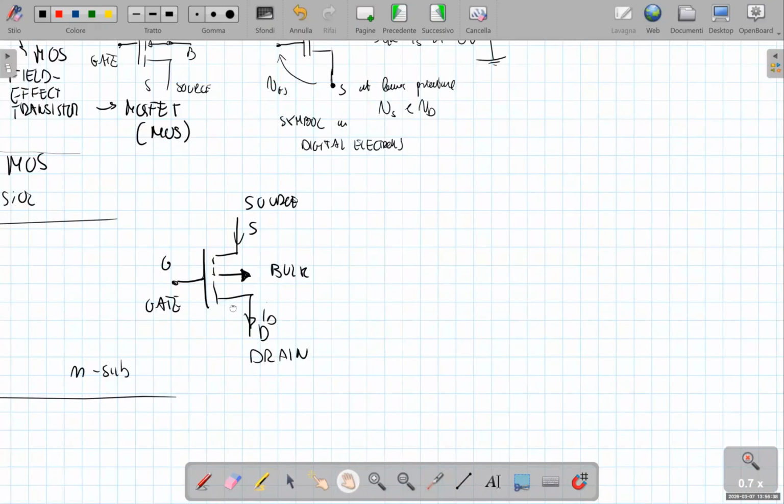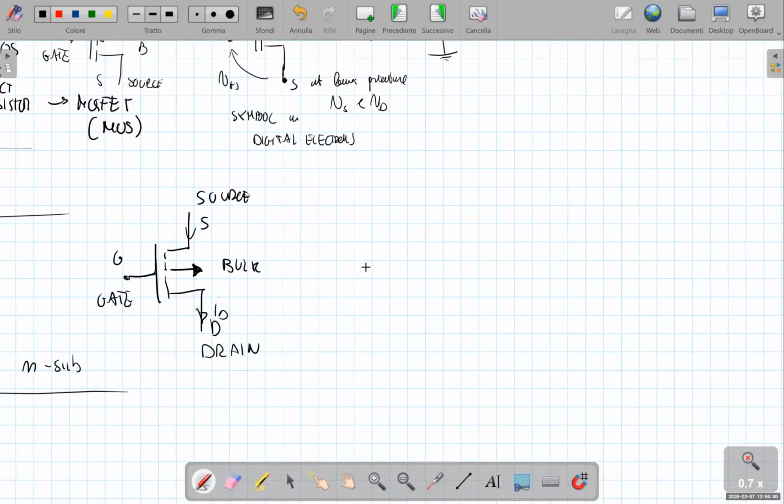Also, for this device, there is a simplified symbol which is used in digital electronics that is similar to the one of the NMOS device, with this dot on the gate terminal. Also in this case, the source is the terminal at the highest potential, the other terminal is the drain, and the gate is the control terminal.